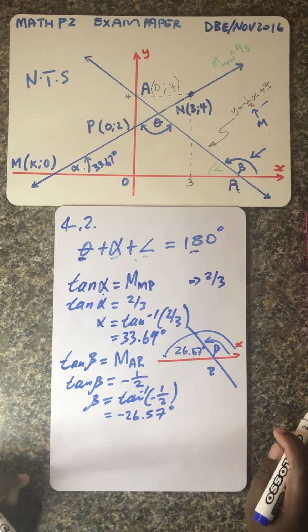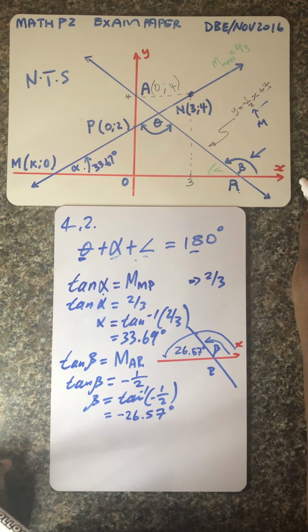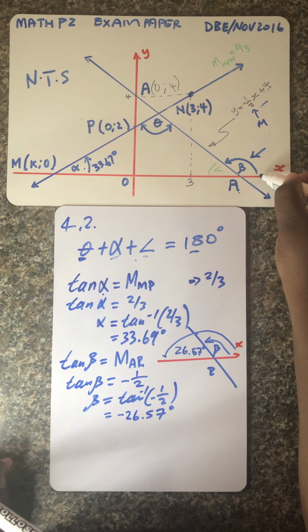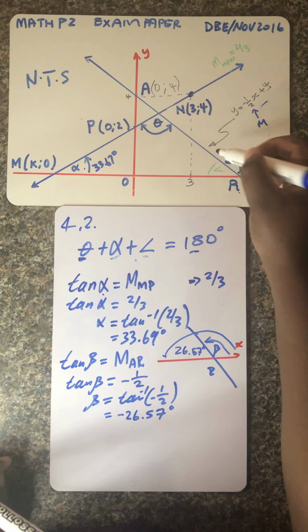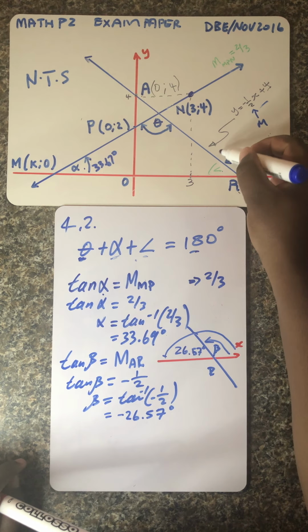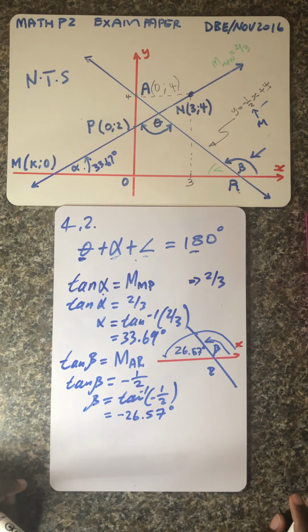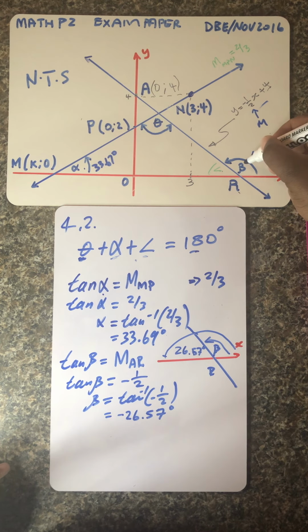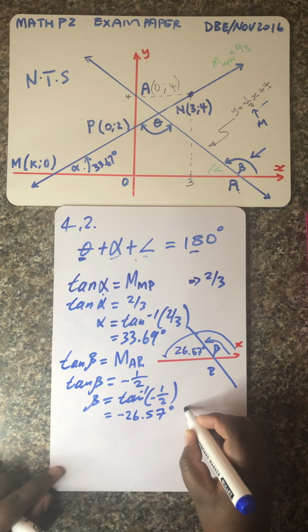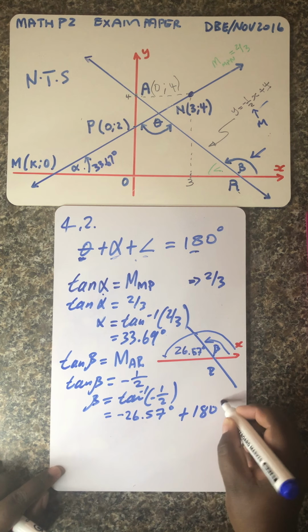So that means, obviously, this is a straight line. From that straight line, this is 180 degrees. If we subtract this negative angle, then we get that angle, even though it's not the angle that we're looking for. So if we want to then calculate the angle of beta, you just add 180 degrees.